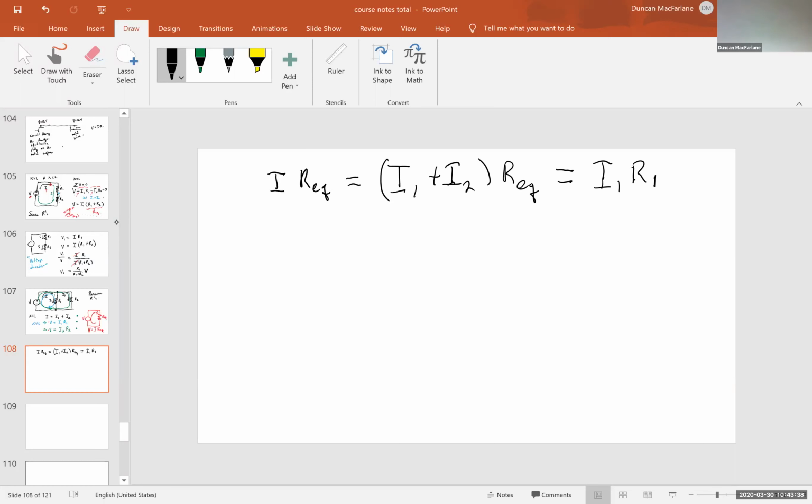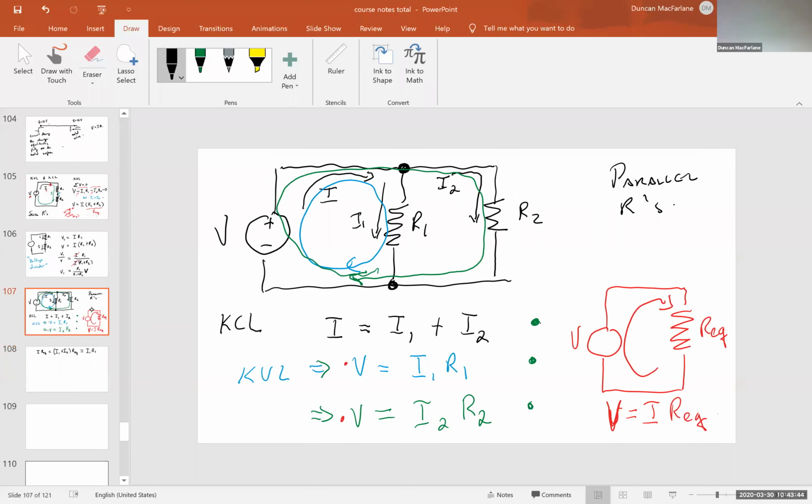Everybody see where that comes from? I've got V, R equivalent. I know my I is I1 plus I2. I know this voltage is the same as this voltage. So I'm setting I1 plus I2 times R equivalent equal to I1 R1.